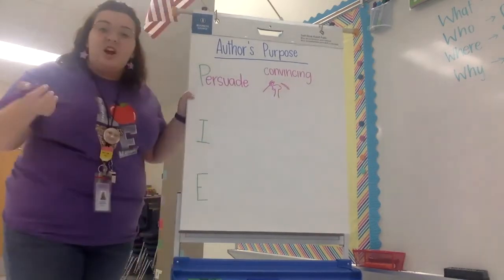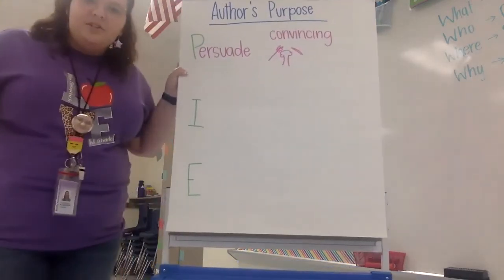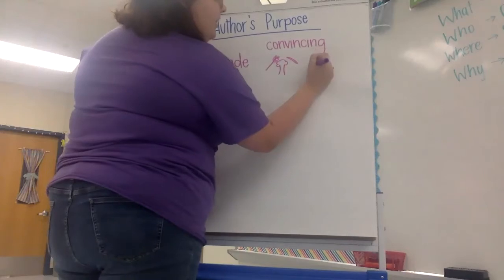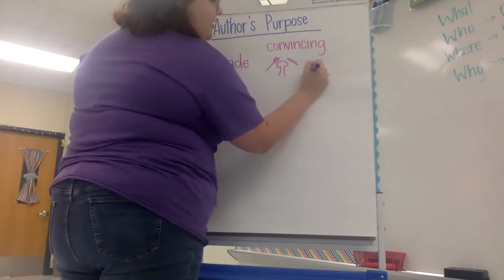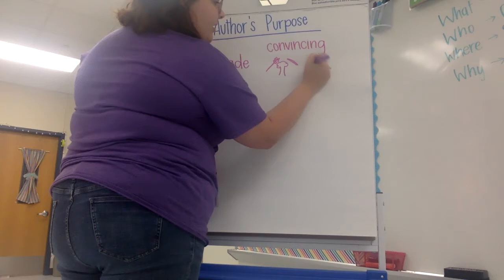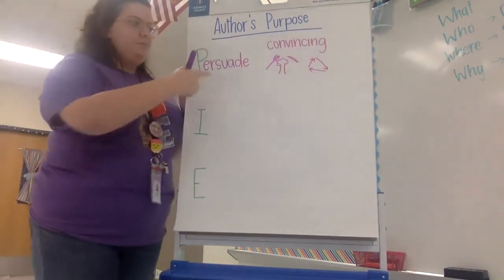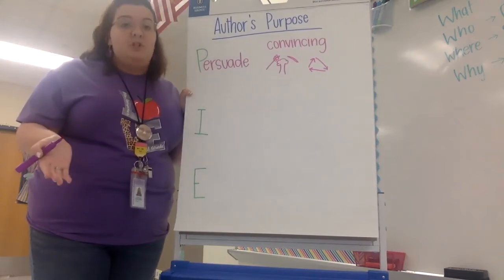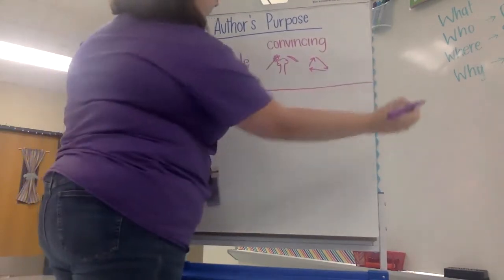And the author is trying to convince you to eat all of your vegetables. Or the author could convince you that they want you to recycle. Have you ever seen the arrow with the triangle on something? That means it's recyclable. So when we're persuading someone, we're convincing them to do something. So that's P for the pie.